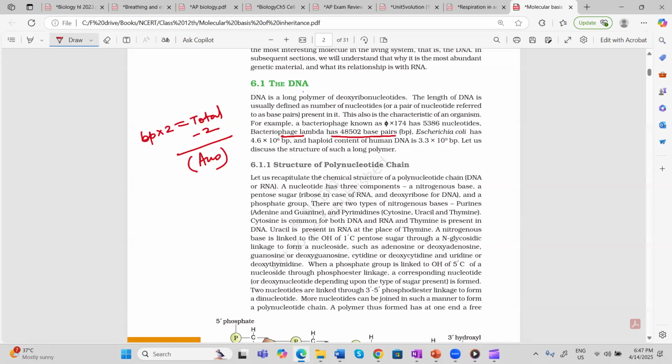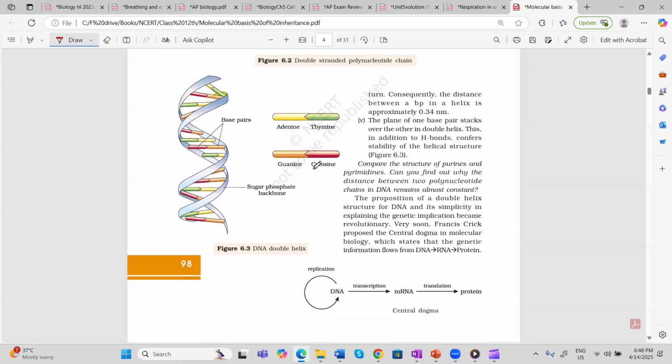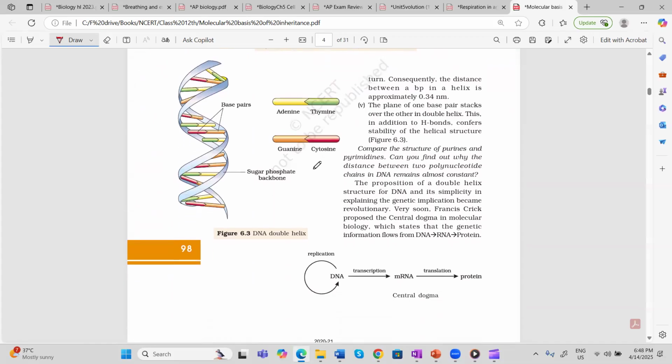Nine seven double zero two. You have calculated now. I told you the trick how to solve it. Yes. Chalo, good. Same you have to apply for others also, for E. coli, for this thing, human haploid content also.